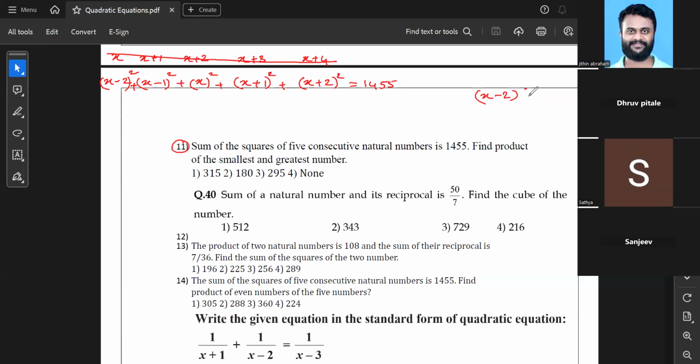The smallest number is x minus 2 and the greatest number is x plus 2. So technically we are supposed to find x square minus 4. I hope it's clear. So let's try to find x square minus 4, or maybe x square, so that it will be very easy for us.